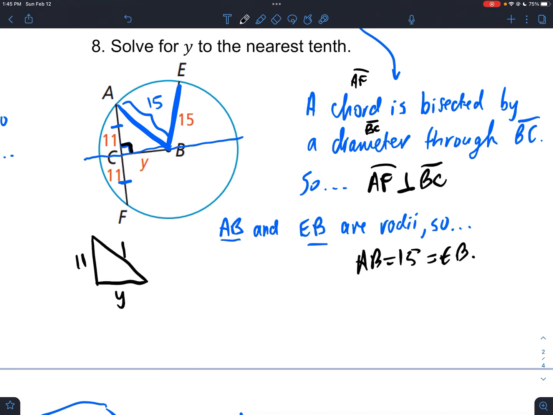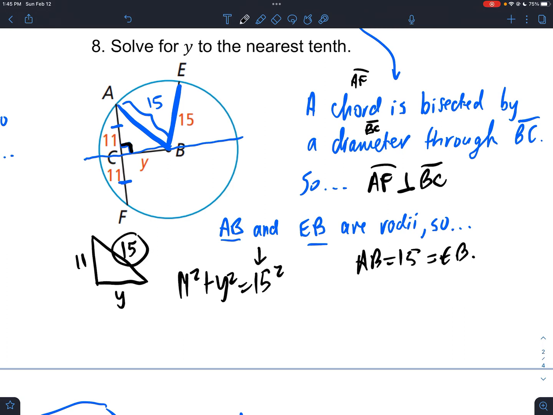And lo and behold, we do have another right triangle. So basically, we said that there must be a right angle there because the T was equal on both sides. The chord got bisected by a diameter. And then we know that all the radii are the same. So that's why we were able to put a 15 on the hypotenuse.